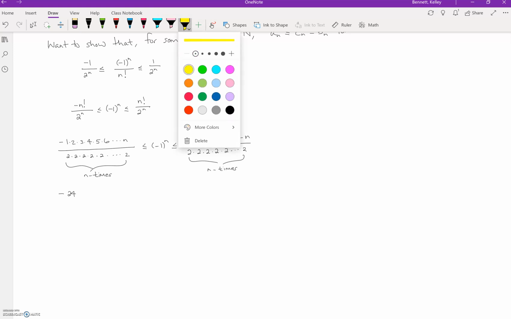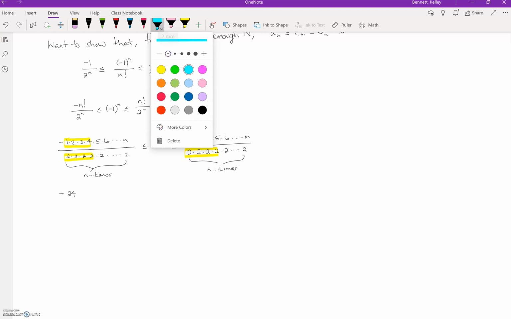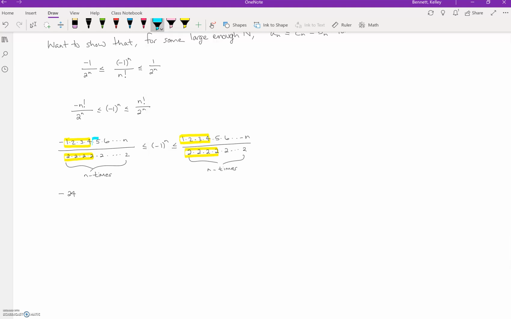So my grouping is to look at these 4 and these 4, these 4 and these 4, and then I'm going to separate that against these last n minus 4 terms.